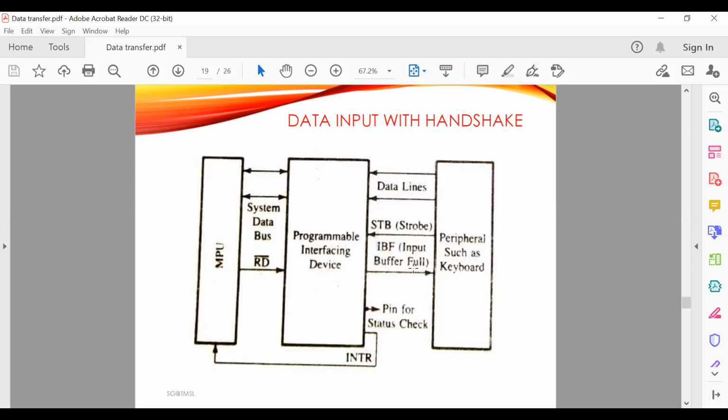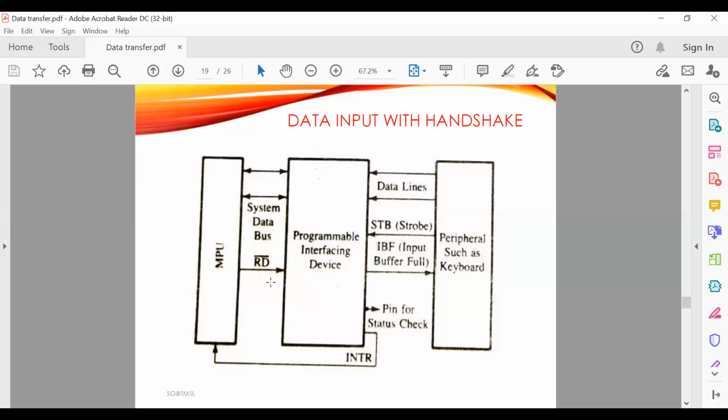Do not send the next data byte until this one has been read. This message is conveyed to the peripheral by sending the handshake signal IBF, input buffer full. Next, the microprocessor keeps checking the status until a byte is available, or the interfacing device informs the microprocessor by sending an interrupt signal that it has a byte to be read.